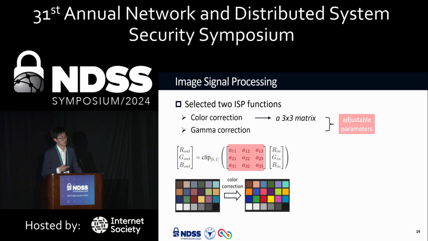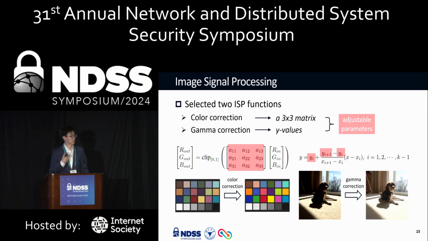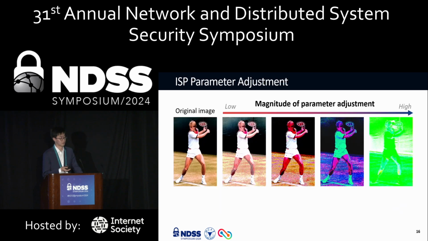Color correction minimizes the color distortion through a matrix multiplication operation, using a 3x3 matrix as the adjustable parameters. And gamma correction modifies the image brightness to correspond to human eyes' nonlinear perception. This is typically achieved through a piecewise linear function where the y values are adjustable.